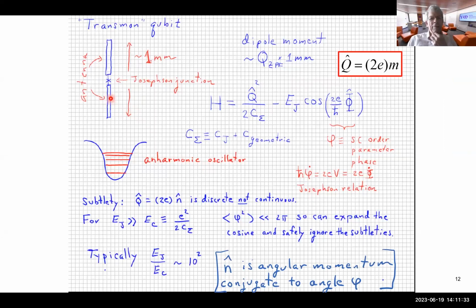So here's my transmon. What are the excitations of this atom? Well, if this were just a wire here with some inductance, this would be an LC oscillator, right? Charges would slosh back and forth like this. And it's a harmonic oscillator.